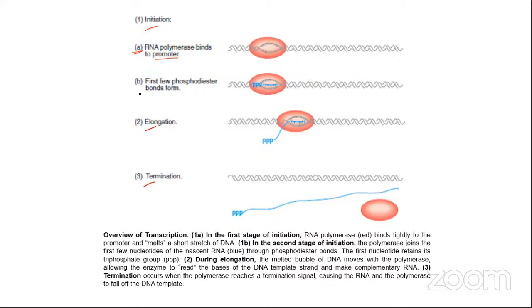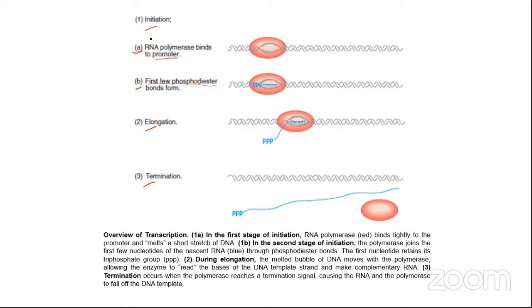And further, once it has recognized the promoter, then it follows the next step of the synthesis of the RNA molecule, that is, it starts by the synthesis of the first phosphodiester linkage, with the NTPs, which are ribonucleotides, used for synthesis of the new RNA molecule, utilizing the DNA as the template.